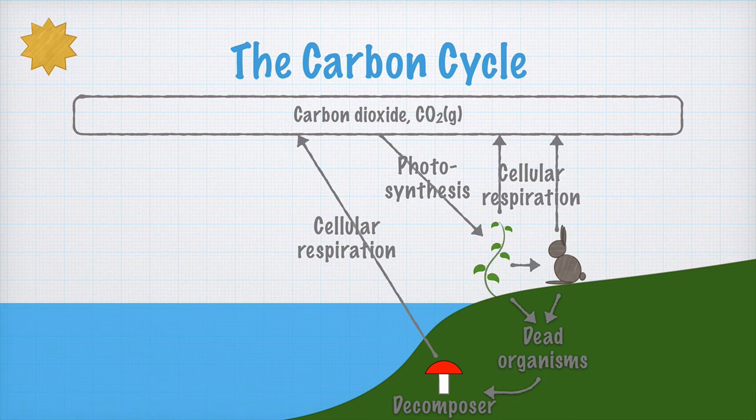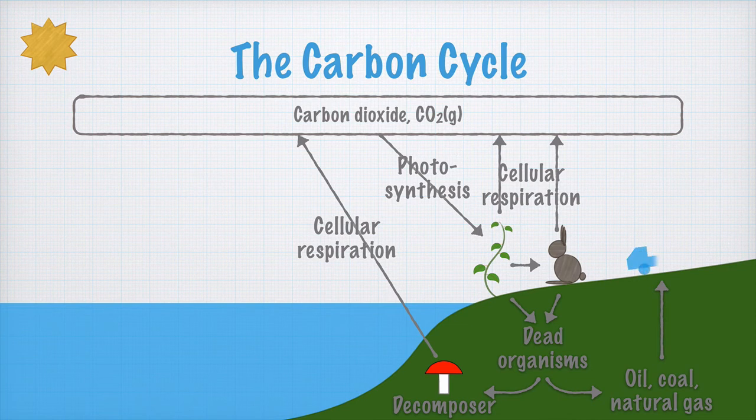But dead organisms, if they're not consumed by decomposers, they may be packed under high pressure and over a very long time. We're speaking millions of years here. And in this way, oil, coal, and natural gas may form. This oil, coal, and natural gas is used by us humans in, for example, combustion engines.